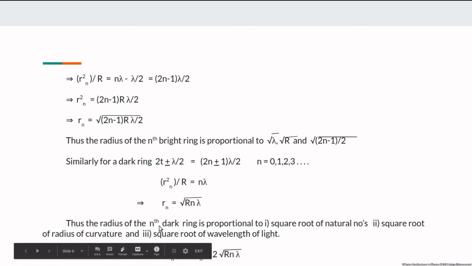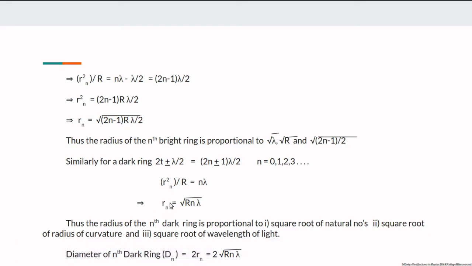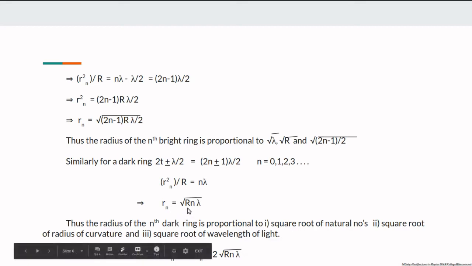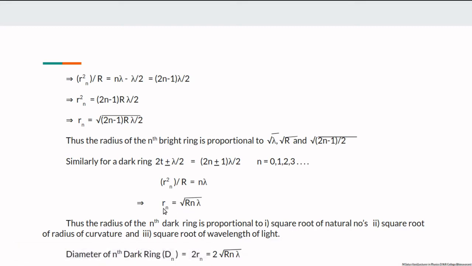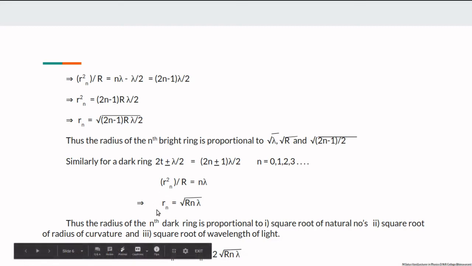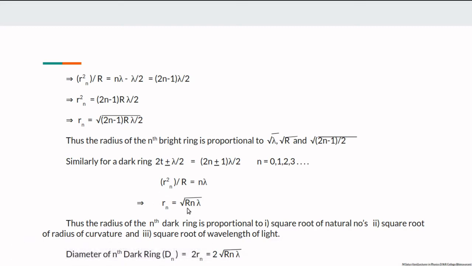We know that the radius of the nth ring depends upon the radius of curvature of the lens, the wavelength of light used, and the natural number n. From this expression we can say that in order to get rings of large radius for good observation, the radius of curvature of the lens must be large, because the radius of the ring rn is directly proportional to the square root of the radius of curvature.